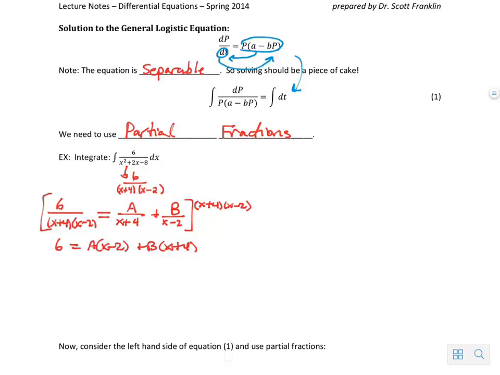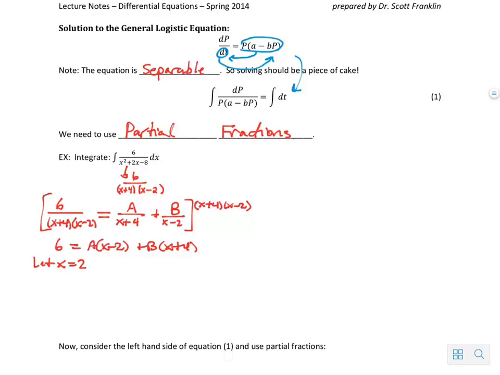And then you've got one equation with two unknowns. We really just have to find any two values that work. So I am going to just pick values for x, right? It has to be true for all x. So let's let x equal 2. Why did I choose 2?